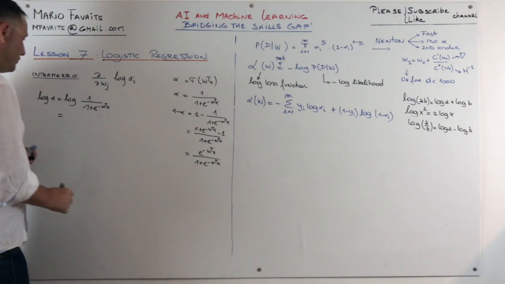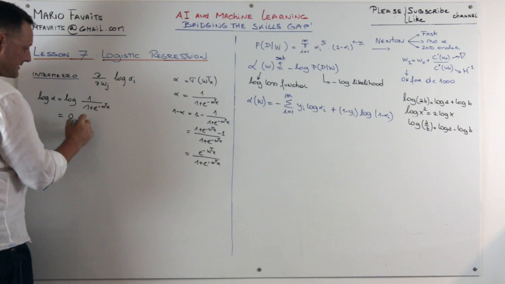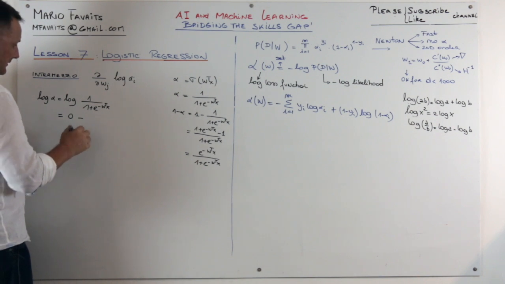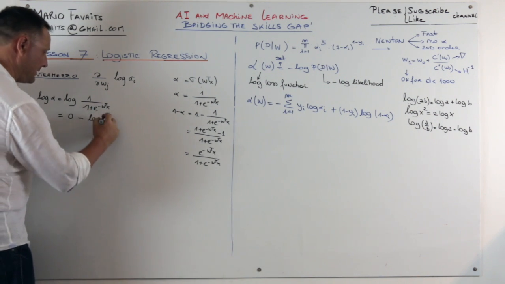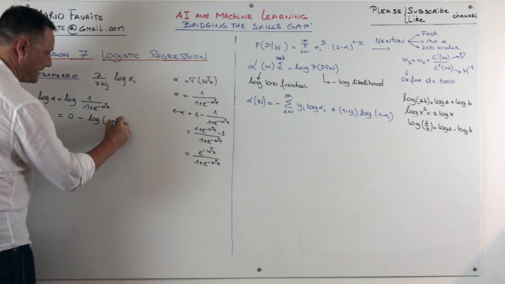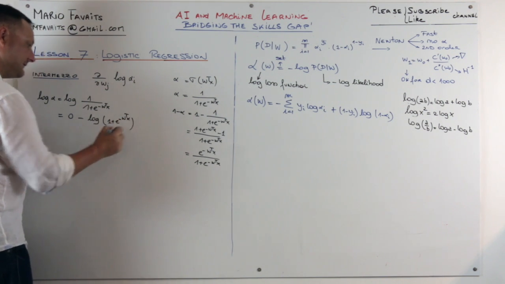It's another rule. So the log of 1 is 0, and then minus the log of this one, 1 plus e to the minus w transpose x.